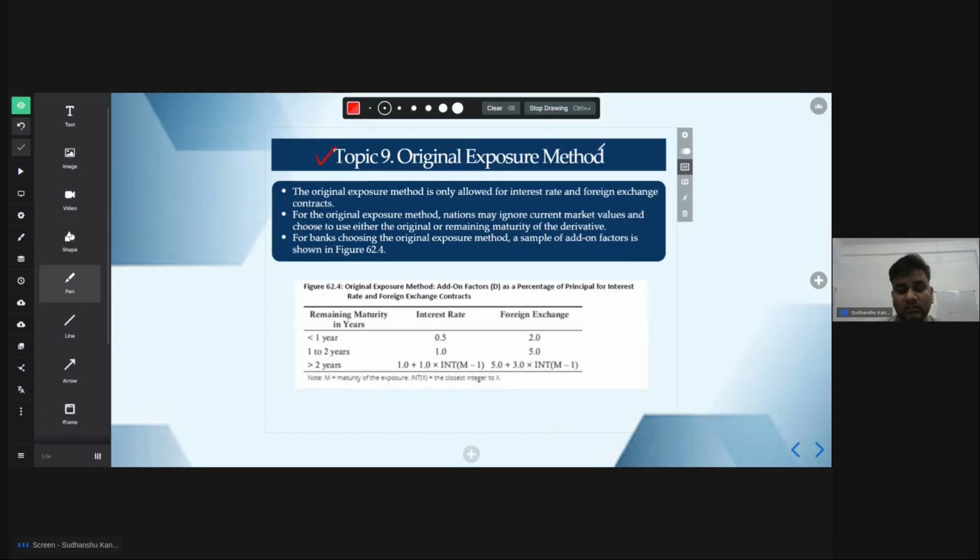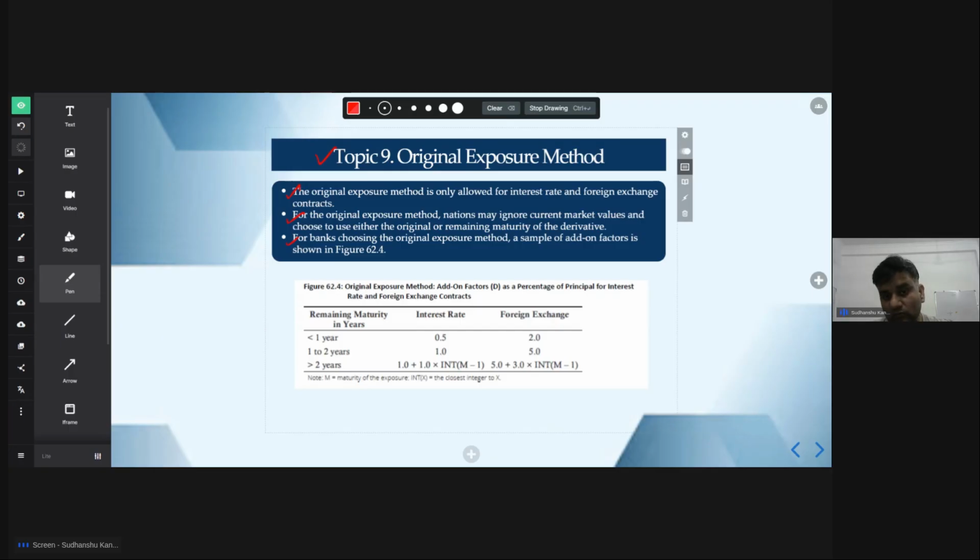The original exposure method is an alternative to the current exposure method for calculating your credit exposure on derivatives. It is very limited in scope, allowed only for your interest rate and foreign exchange contracts, not permitted for equities or commodities. Please remember that.